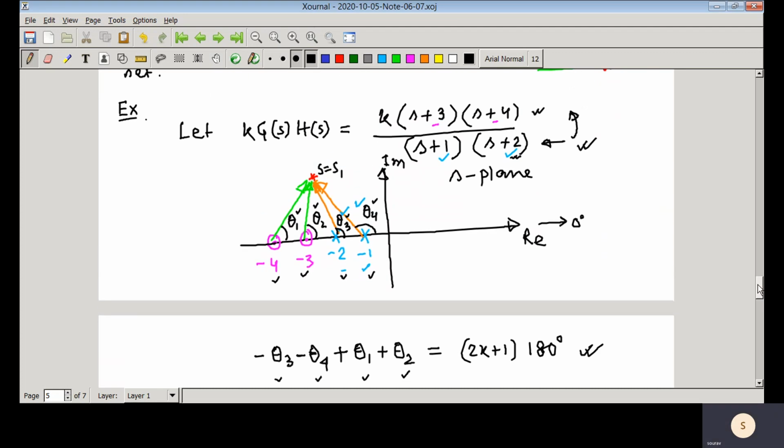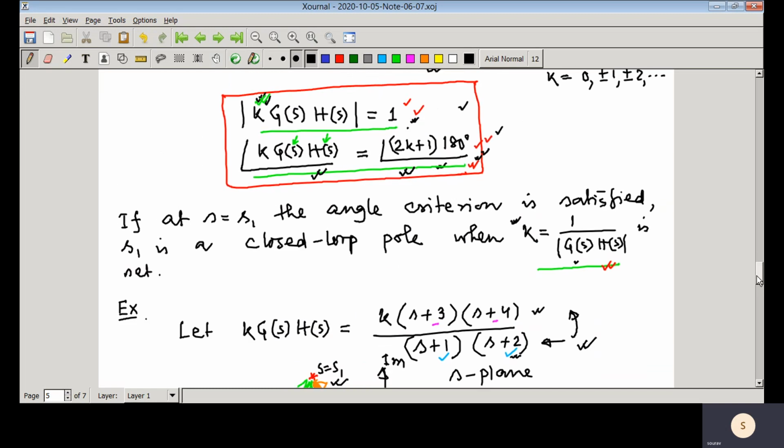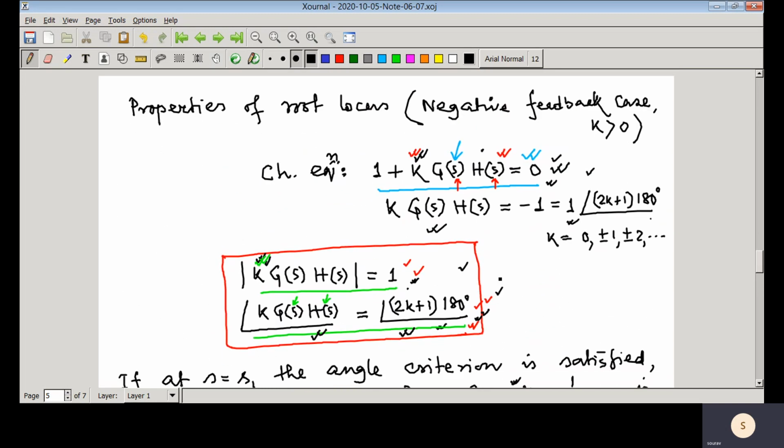So the characteristic equation is 1 plus K G(s)H(s) equal to 0. If this particular condition is satisfied, then S equal to S1 would satisfy this characteristic equation, because we have already discussed that to satisfy it we need to satisfy these two conditions.